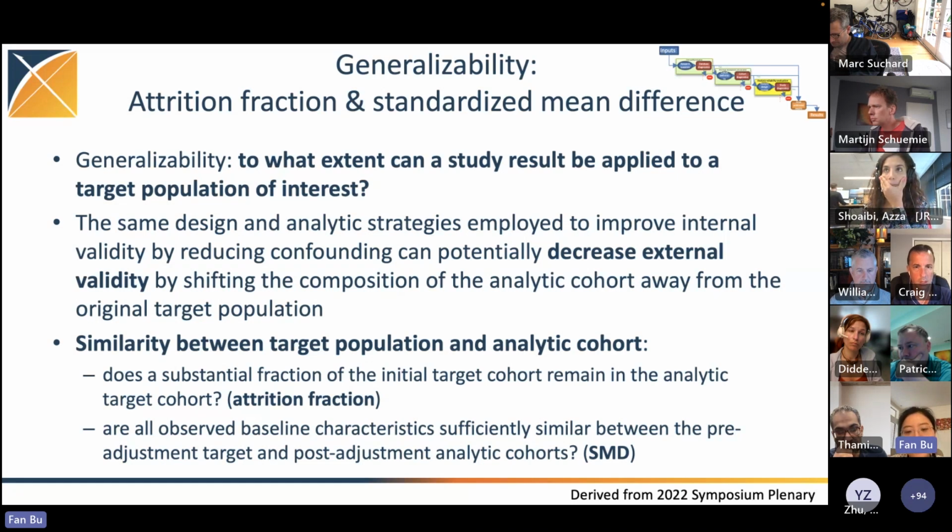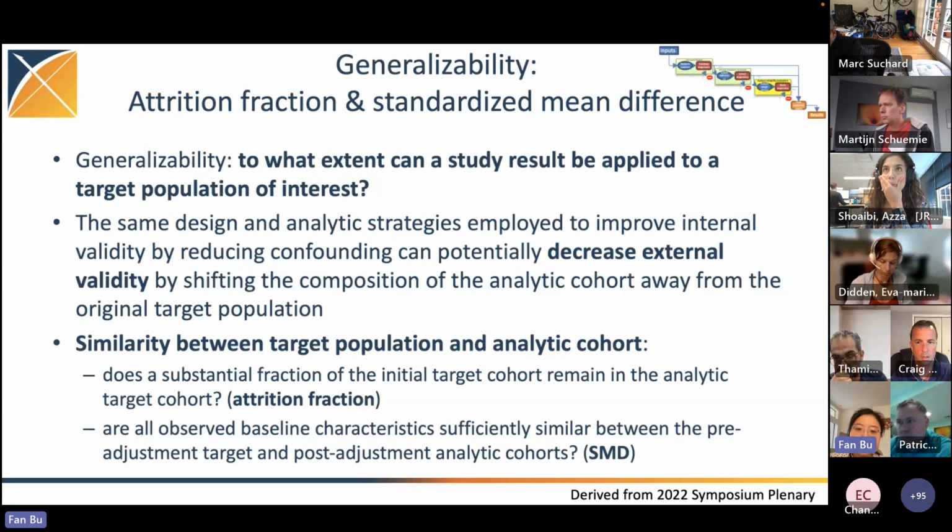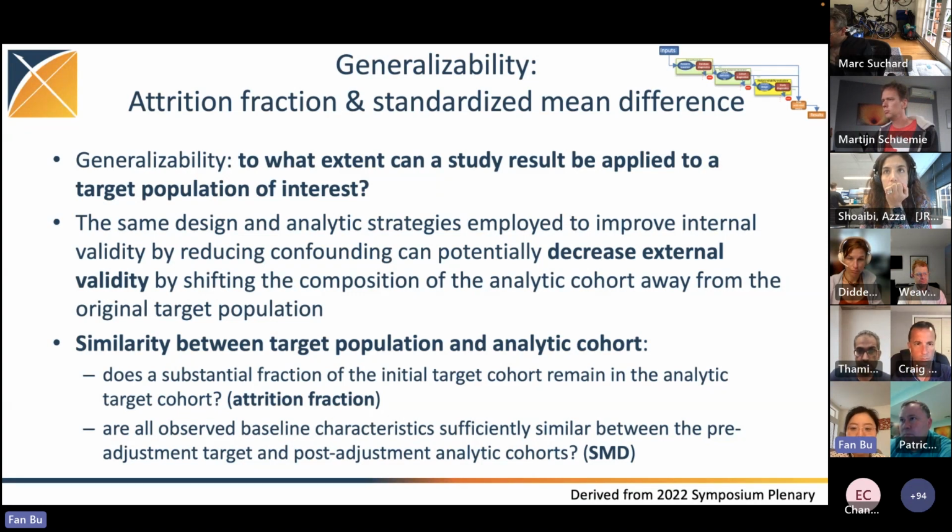The rationale here is that although we have implemented a lot of strategies to reduce confounding and to make sure that the two cohorts are similar in order to improve internal validity, doing so can potentially decrease external validity, because we will be stripping subjects away from the analytic cohort, and the composition of the analytic cohort may deviate from the composition of the original target population.